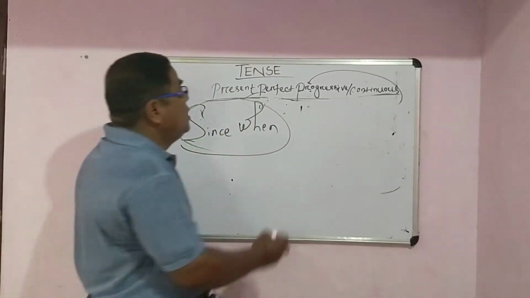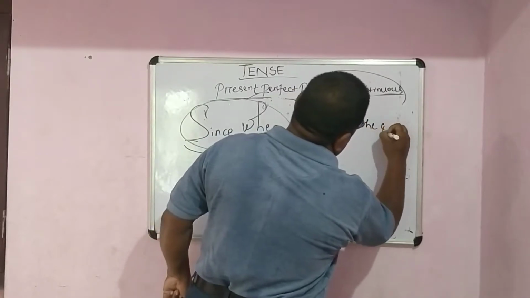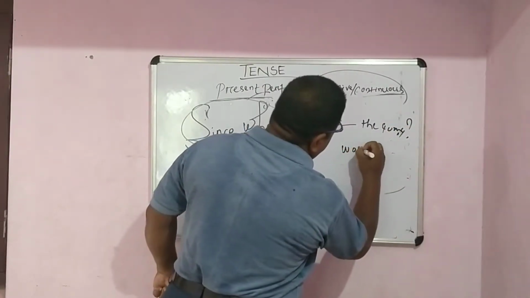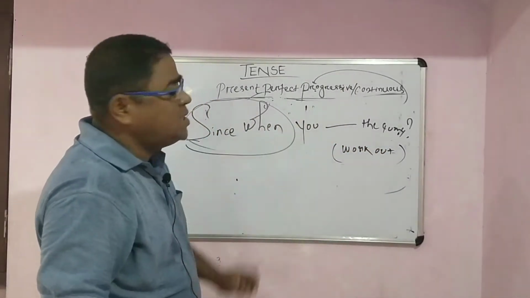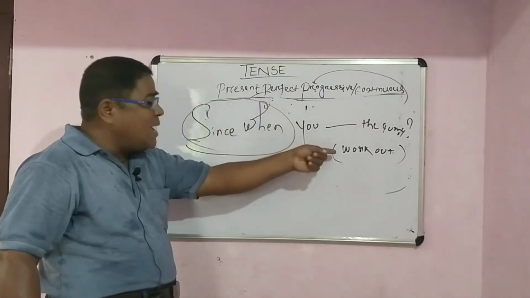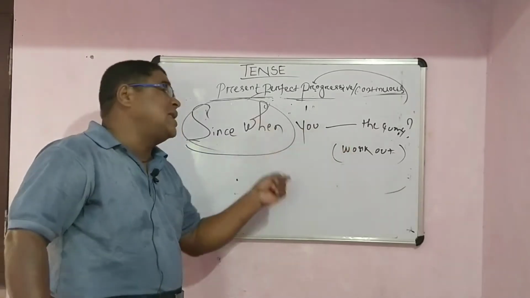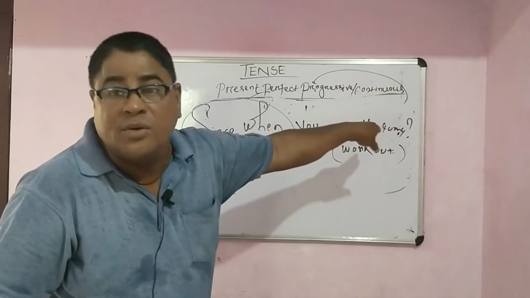So since when you dash the sums, suppose this sentence is there, and within the bracket we have the main verb work out. Work out means do. Since when you dash the sums means you are working out the sums, started sometime in the past. You are working out till now, and working out the sums may continue sometime in the future.